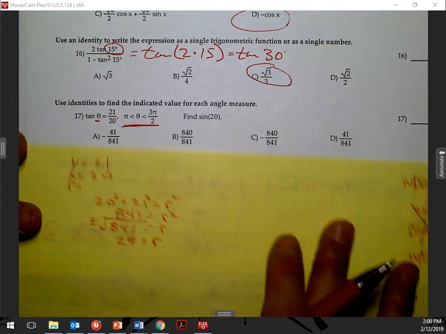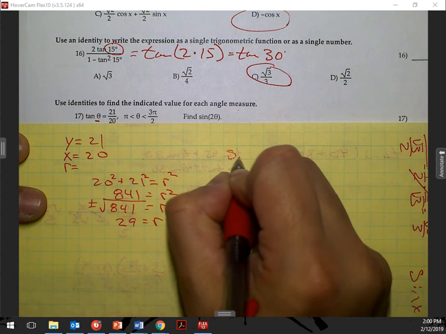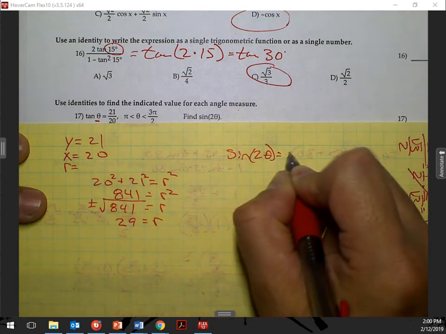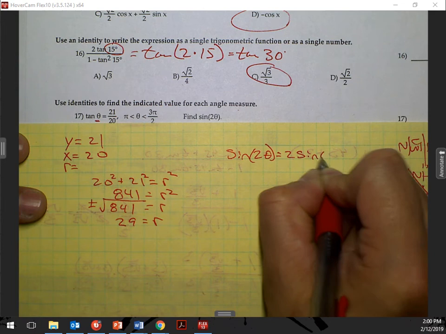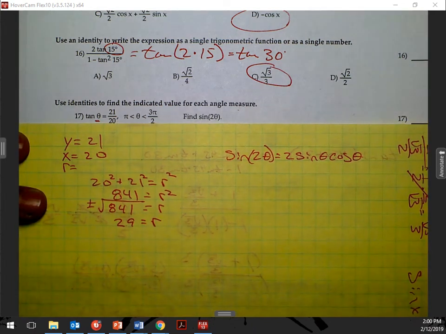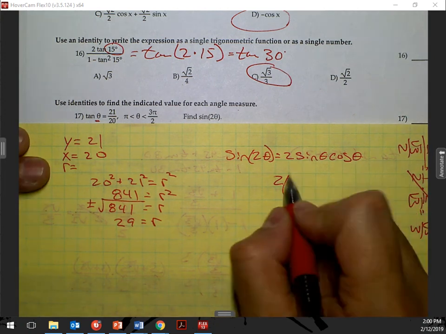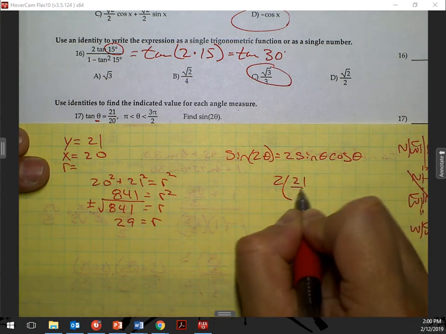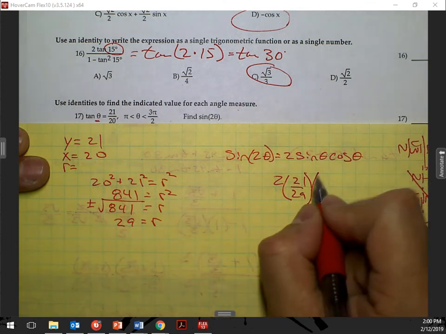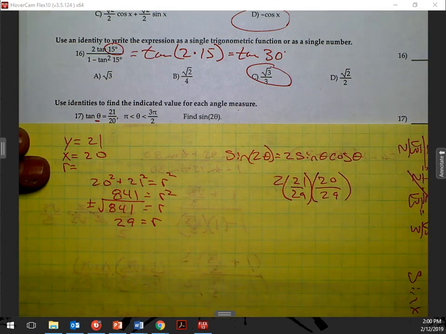Okay, good. So find sine of a double angle. Sine of 2 theta is equal to 2 sine theta cosine theta, right? Sine is going to be 21 over 29. And then cosine is going to be 20 over 29.